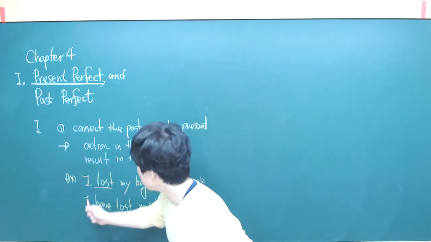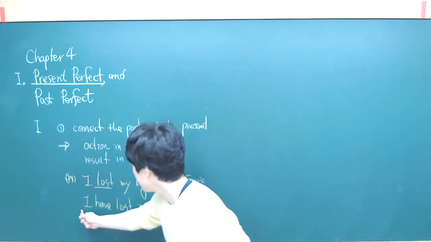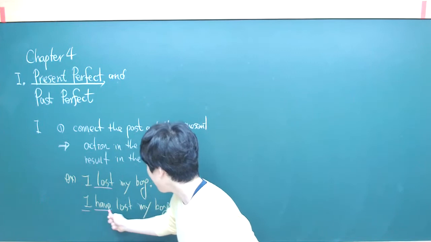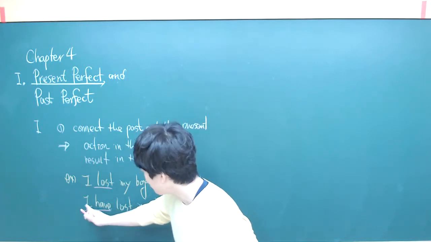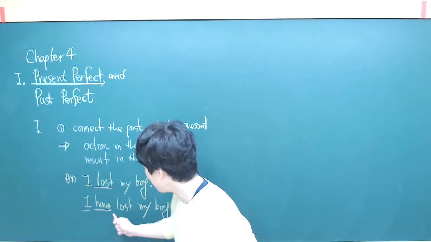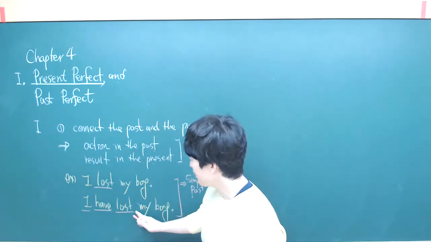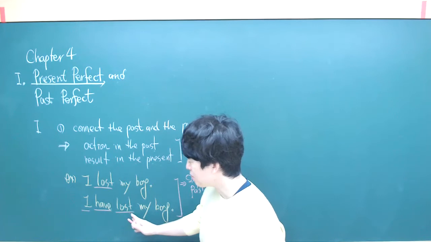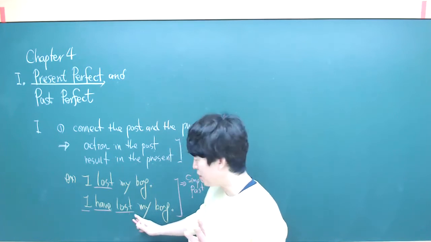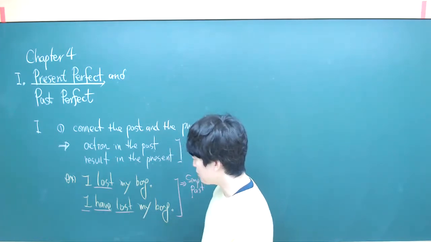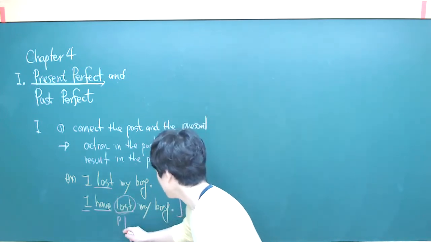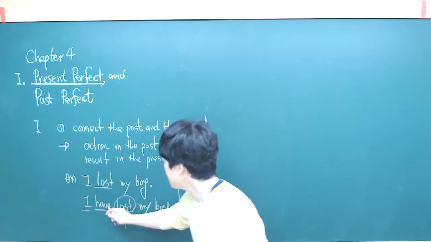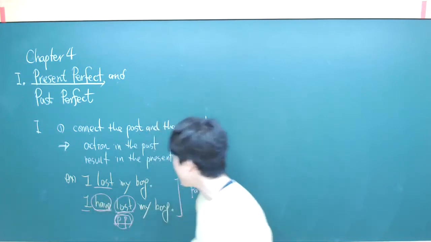This is the form of present perfect tense: subject, have or has. Because the subject I is followed by have. I have lost. Lost is the past participle, verb 3. Lose, lost, lost. This is the past participle. This is a form of present perfect.